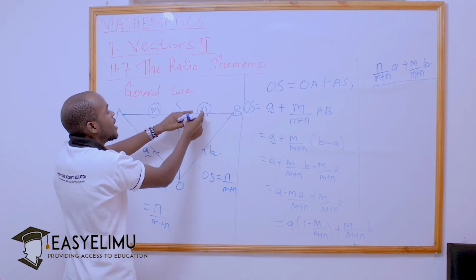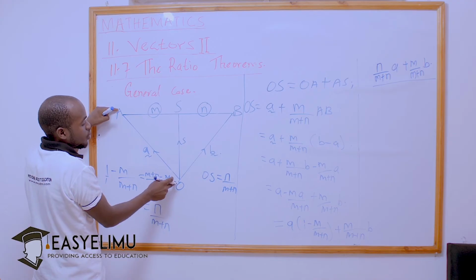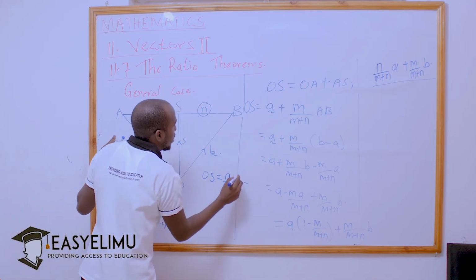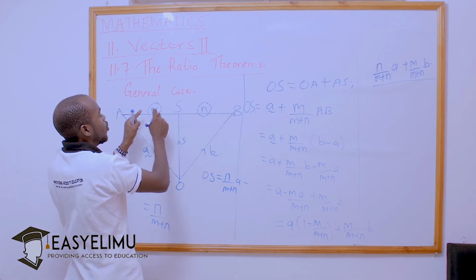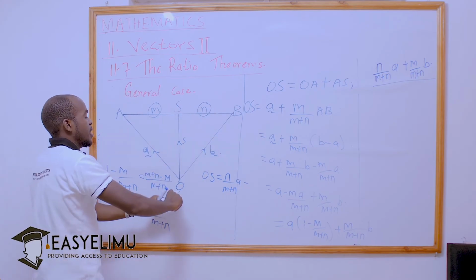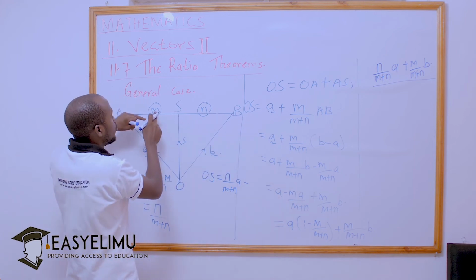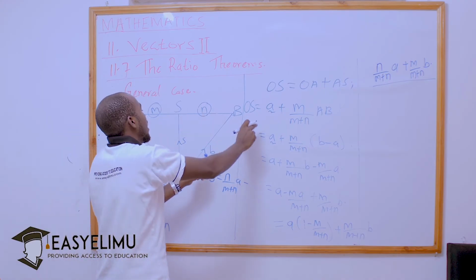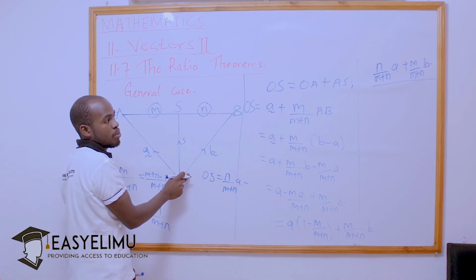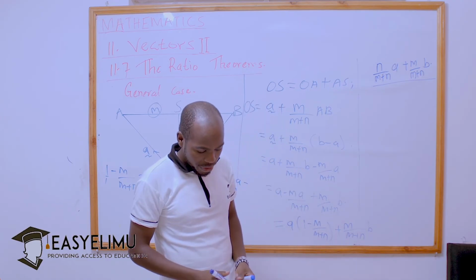Then you multiply by the side of A, which is opposite to that side. You take this n, you divide over the total ratio, then you multiply by this side. And if it is for B, then you take m over the total ratio, and you multiply with the side on the opposite side, which is B. That is how it is found, and it is known as the ratio theorem.